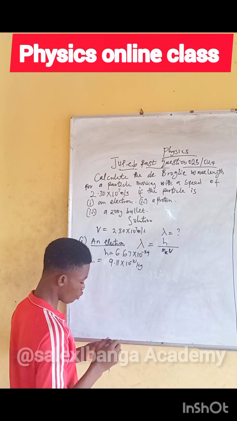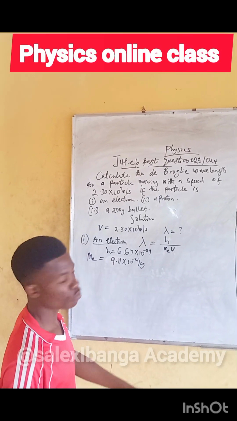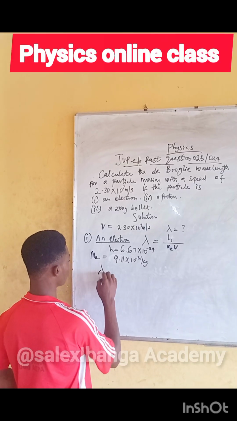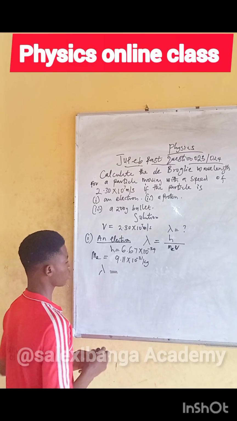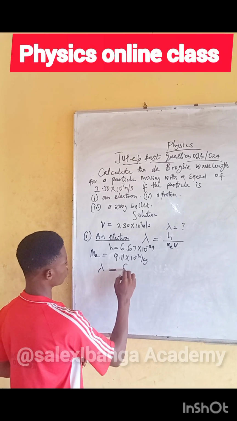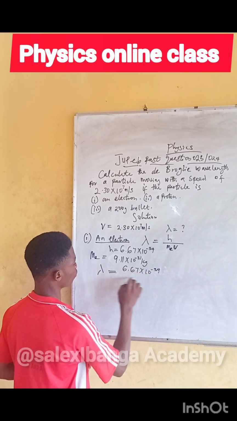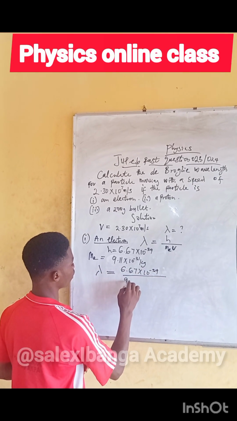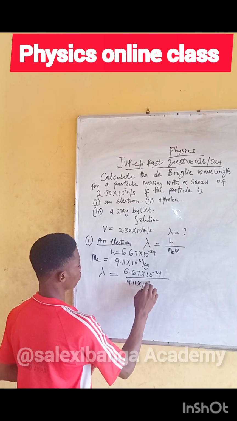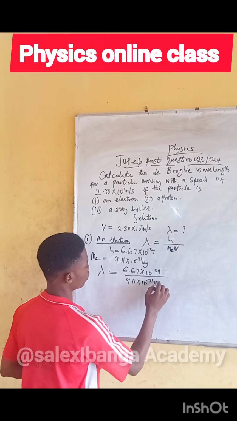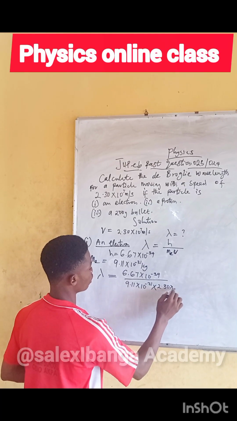That's our mass of an electron. So from there, we have gotten all our values. What we need to do is substitute and get our lambda, our de Broglie wavelength. So lambda equals 6.67 times 10 raised to the power minus 34 divided by 9.11 times 10 raised to the power minus 31 times our velocity given in the question, 2.30 times 10 raised to the power 7.